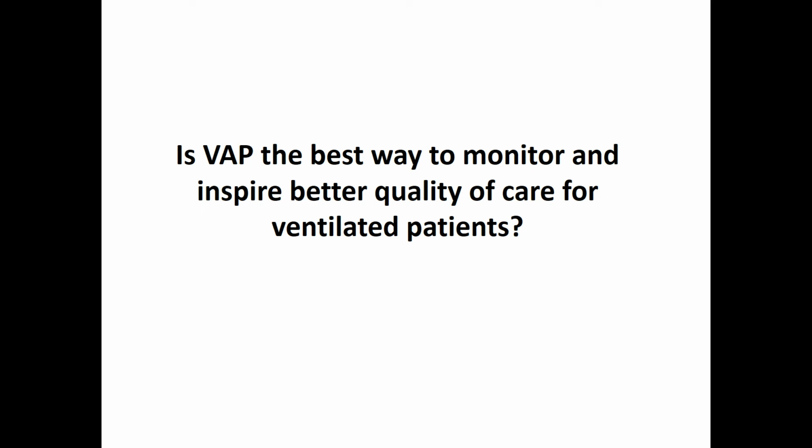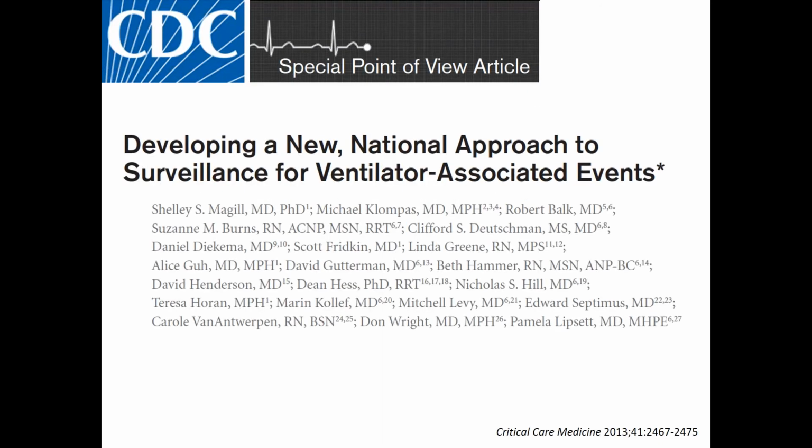So it was those sorts of observations that catalyzed CDC, in partnership with the critical care societies, to come up with a new approach to quality surveillance for ventilated patients. And this was the framework of ventilator-associated events, which is the current recommended surveillance target per CDC.